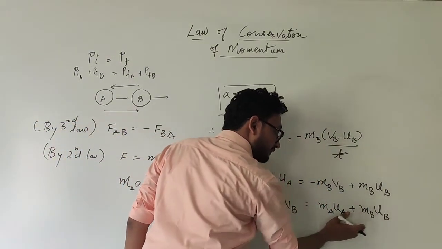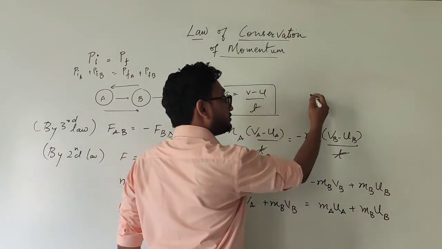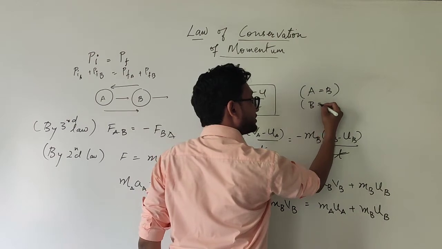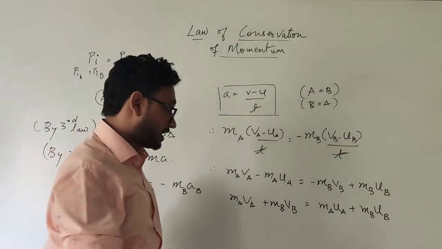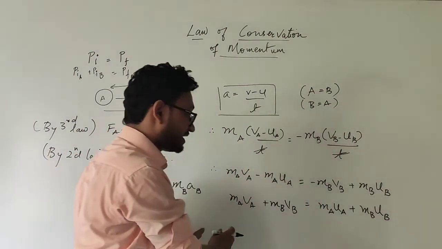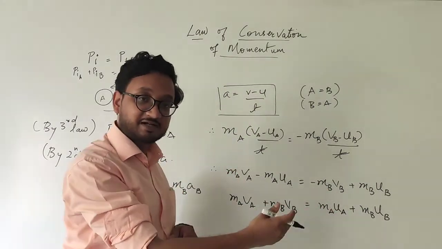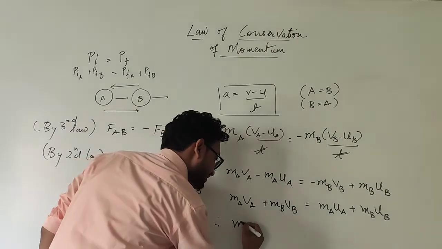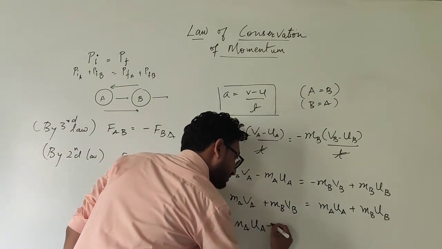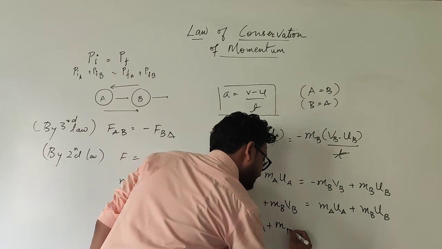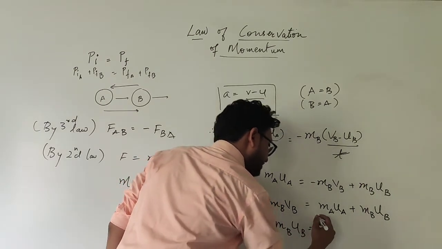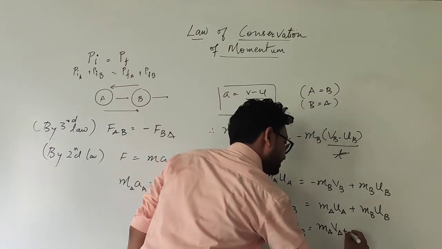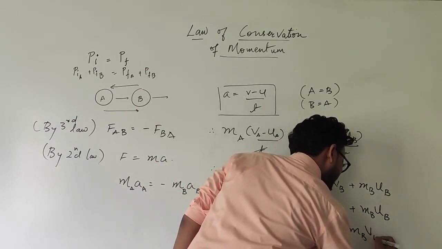Now I am taking the whole of this portion on this side. If you know the simple mathematical rule, if A is equal to B, then I can also write B is equal to A. The same thing is happening over here. So the next line is becoming: m_A u_A plus m_B u_B is equal to m_A v_A plus m_B v_B.